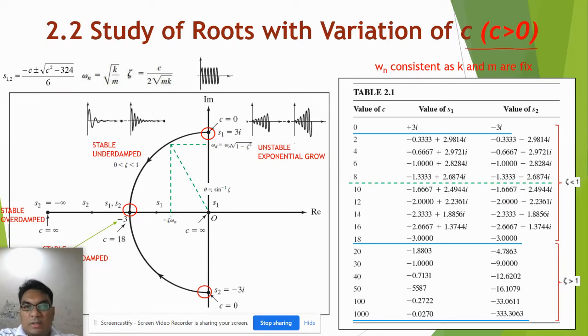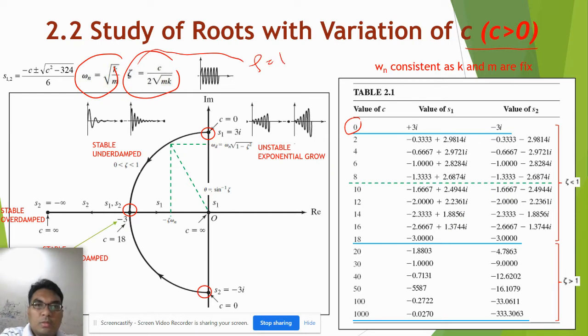So you can start with the value c equal to 0. Then the second step is you need to determine the value of the natural frequency, for which you have to use these two equations. At the middle point you can find that when the damping ratio is equal to 1, this is critically damped, so it will lie at this location.